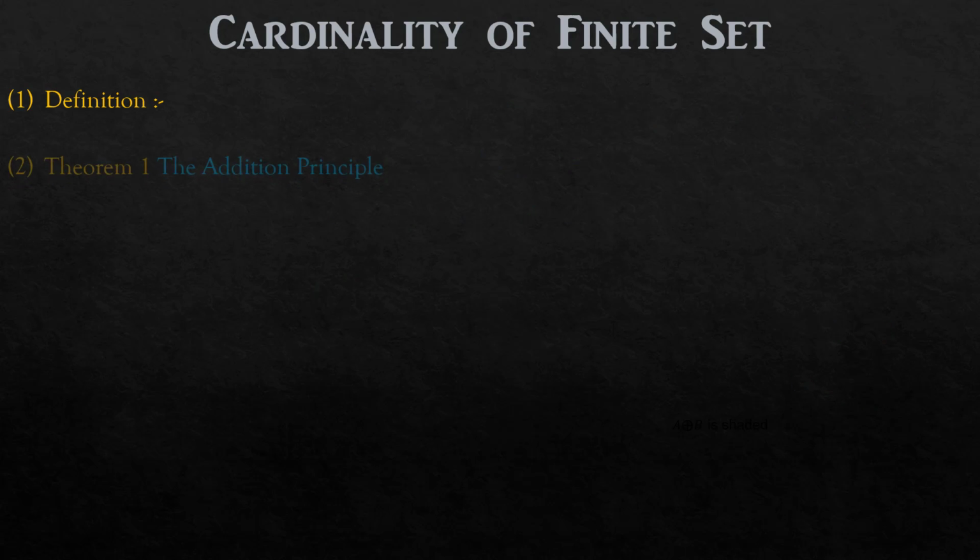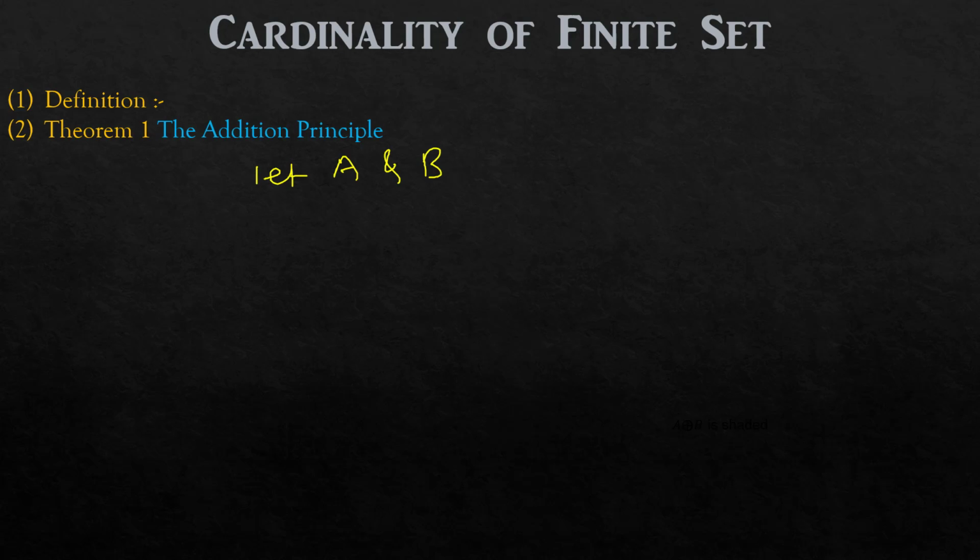Now the second point is theorem number 1, that is the addition principle. Again, let's consider A and B as two finite sets which are disjoint. Disjoint means what?